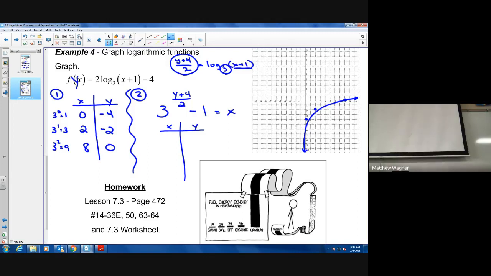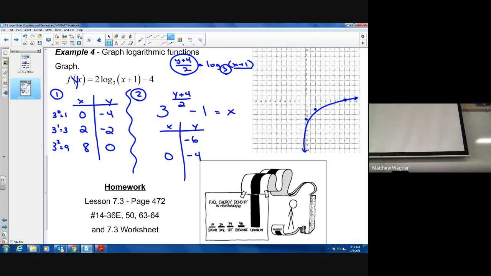Since we're dividing by 2, I'm going to pick some nice values. I'm going to pick negative 4 because that's going to give me a 0. 3 to the 0 is 1. 1 minus 1 is 0. Then I want to pick multiples of 2. So I'm going to go 2 down, because we're talking y values. Negative 6 plus 4 is negative 2.